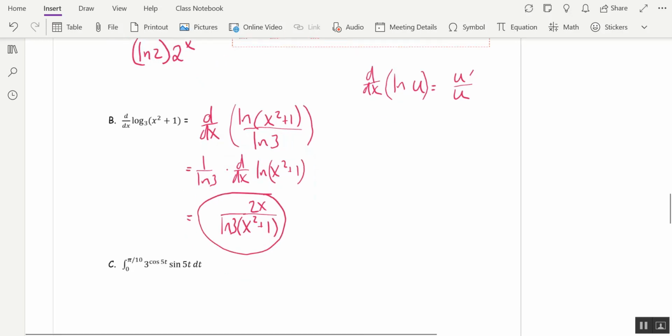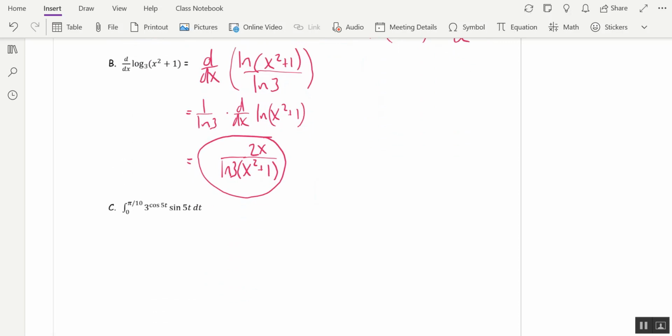All right, last one, an integral. I'm going to do a u sub here. U is cos 5t. du is negative 5 sine 5t dt. I have a sine 5t dt, so I'm going to divide both sides by negative 1/5. Remember, I want a separate line for that. Sine 5t dt. So now I'm ready to replace things.